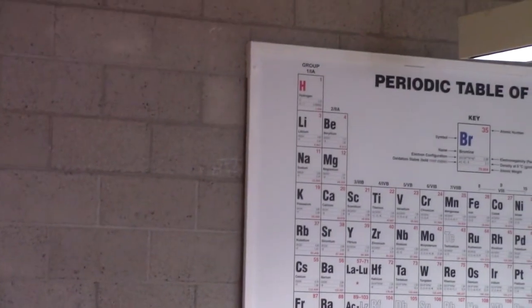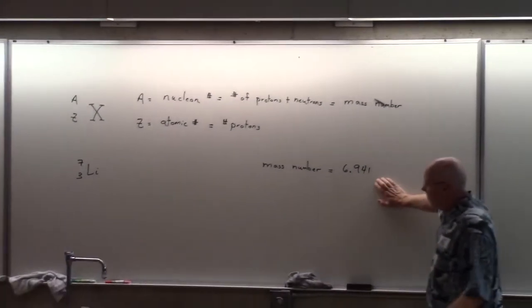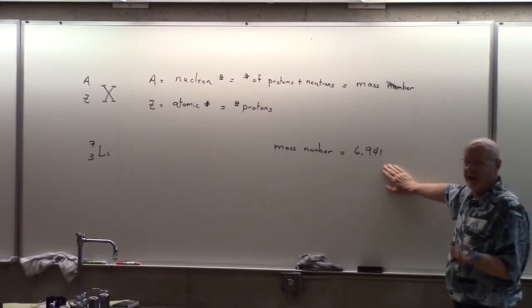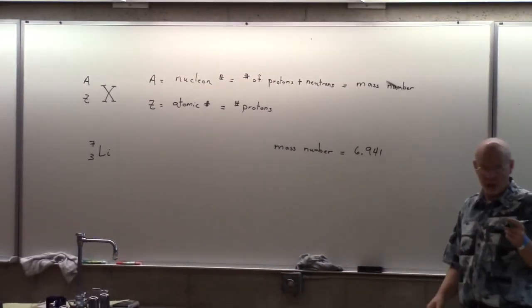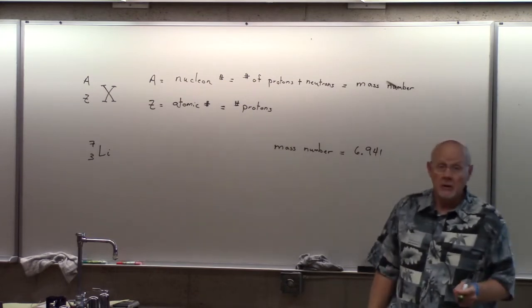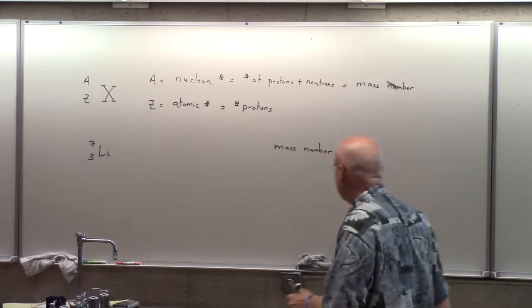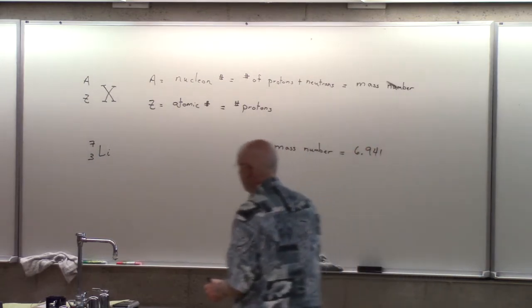Okay. Now, I know what you might think. Well, that's not a 7. No, but do you see it's really close to a 7? And the whole reason it is not exactly a 7 is because what if I had this?